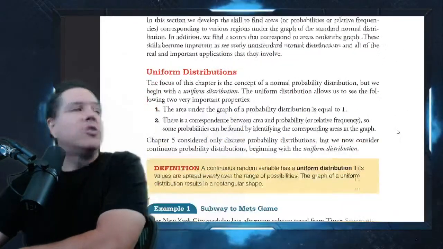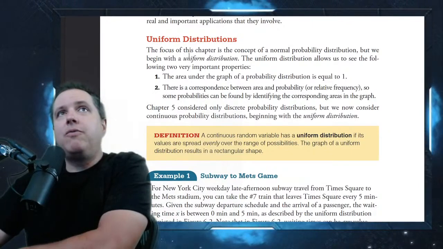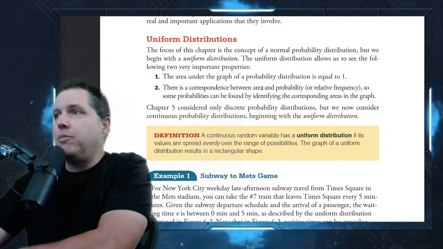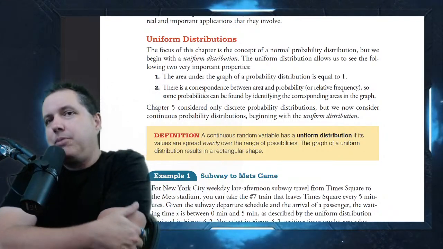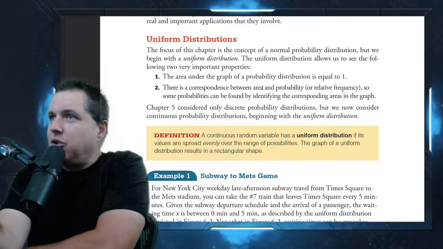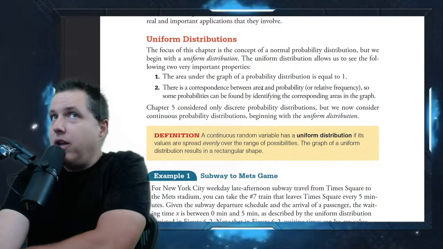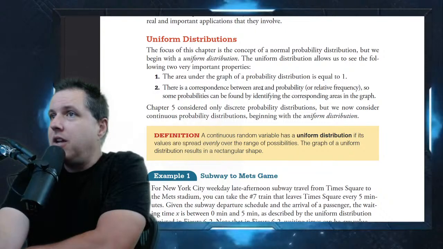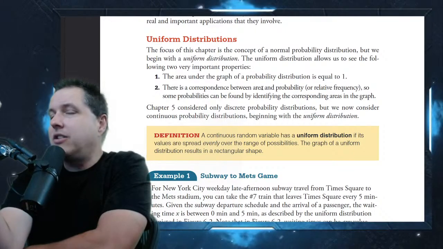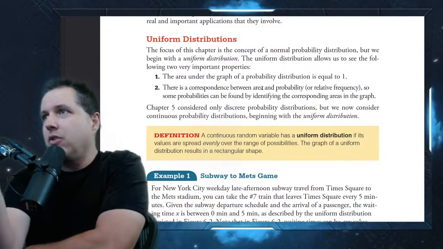So let's get into a couple of things here. The focus of this chapter is the concept of normal probability distribution, but we begin with uniform distribution. If you can understand and relate these concepts in a uniform distribution, then it's just a little bit of a step further to understand them in the context of a normal distribution, right?